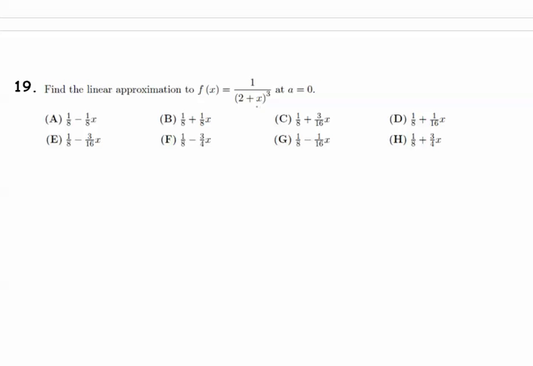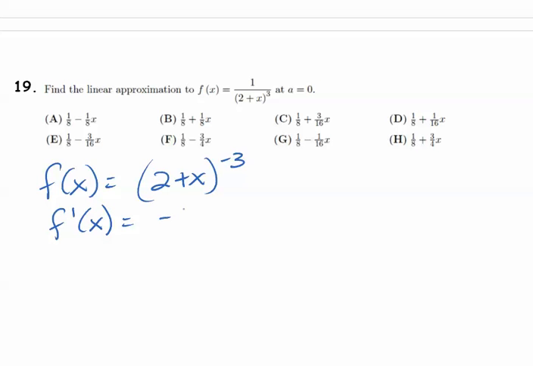Another linear approximation. So our f of x, if I think of f of x here as 2 plus x to the negative 3 power, then our f prime of x would be negative 3 times 2 plus x to the negative 4th power. And we want to use the specific value. Here they show you as a constant. We want to let this be specifically at 0.